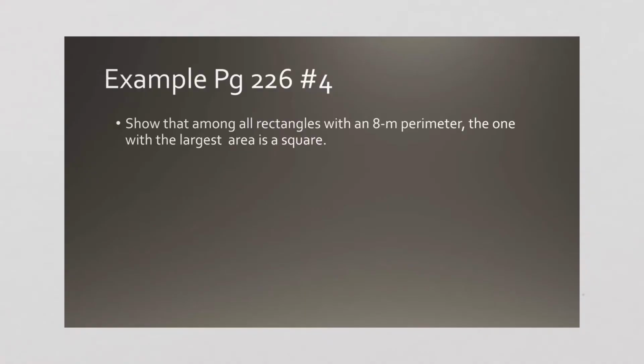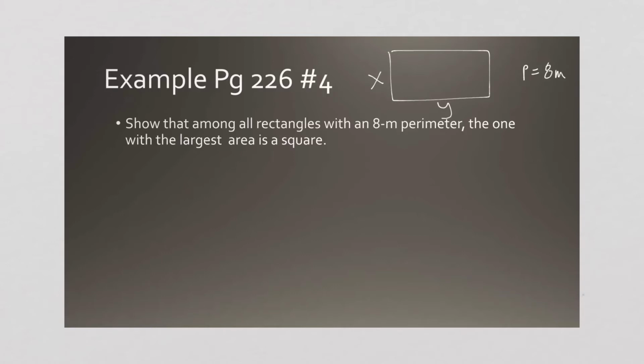Example 2. Show that among all rectangles with an 8-meter perimeter, the one with the largest area is a square. So first thing we need to do is draw our picture. So I draw a rectangle. I have side length x, side length y, because I don't know what they are. All I know is my perimeter has to equal 8.